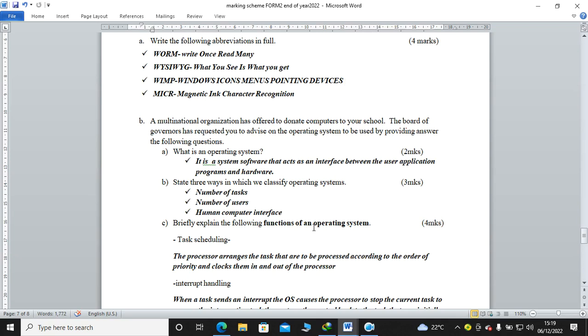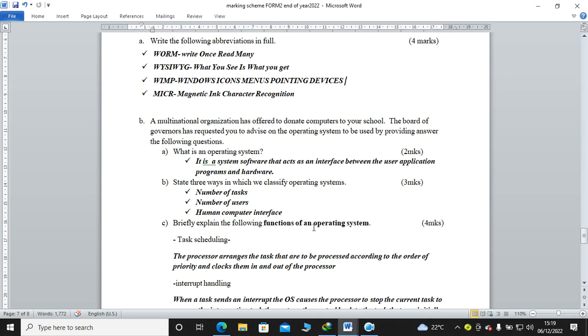So how would you answer that? So the answer is, it is a system software that acts as an interface between the user, application programs, and hardware. So it's a program that enhances interaction between the three said entities.